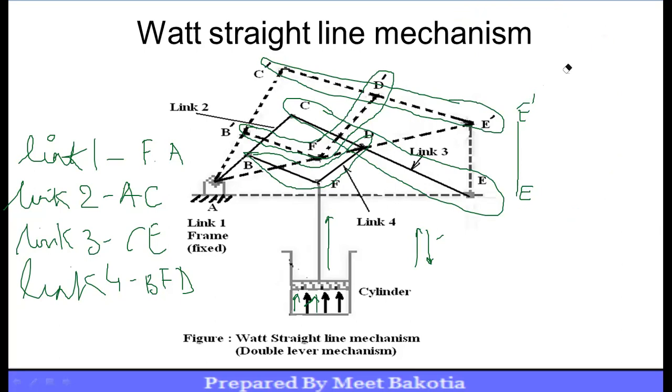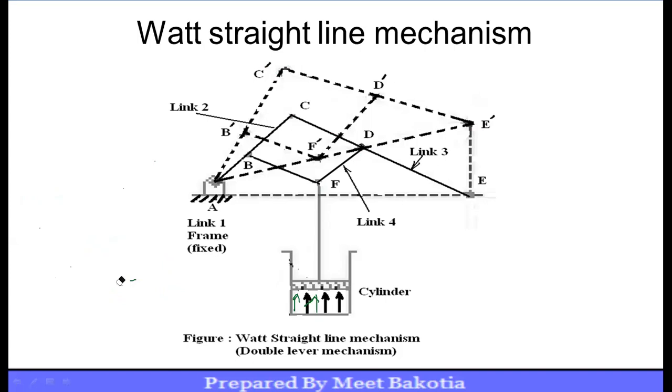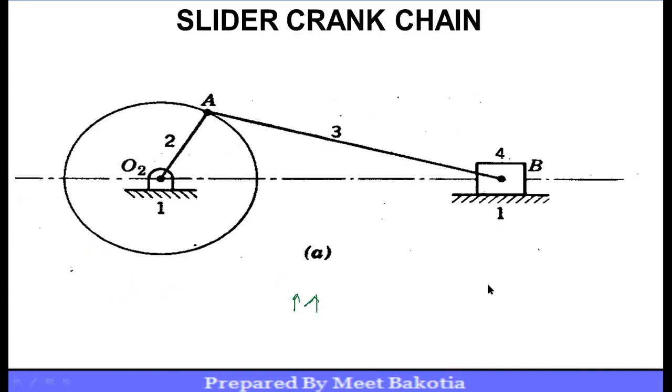Moving ahead, these were the three inversions of the 4-bar crank chain mechanism. Let us move to the single slider crank chain mechanism. Now, if someone asks you what is the difference between the single slider crank chain mechanism and the 4-bar mechanism, then the biggest difference is the pairs.